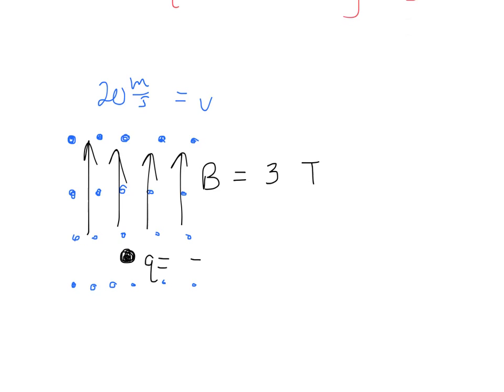If I tell you it's an electron, you should know it's negative 1.6 times 10 to the negative 19, because that's on your formula sheet. It's given. If I tell you it's a proton, you should know it's positive 1.6 times 10 to the negative 19. If I tell you it's 2 electrons, it would be negative 2 times 1.6 times 10 to the negative 19. Is that clear by now?